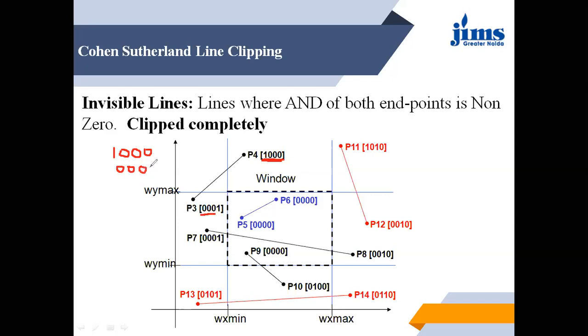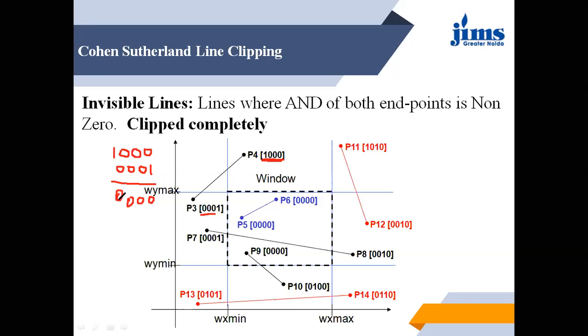So when we perform the AND operation of these two, 1 and 0 is 0, 0 and 0 is again 0, 0 and 0 is again 0, and 0 and 0 is again 0.